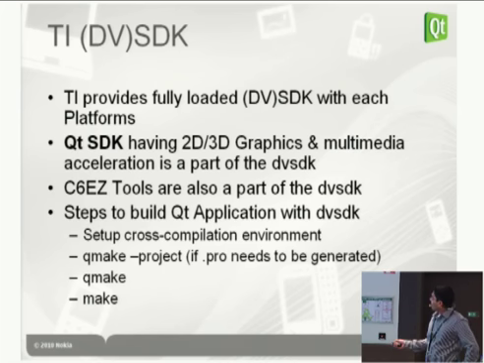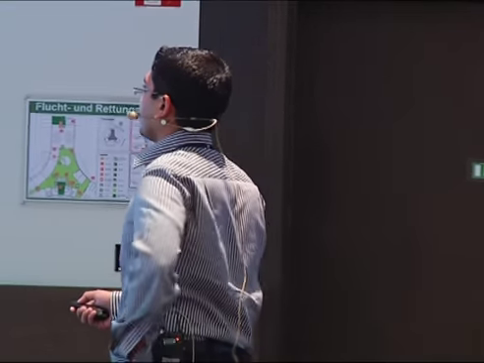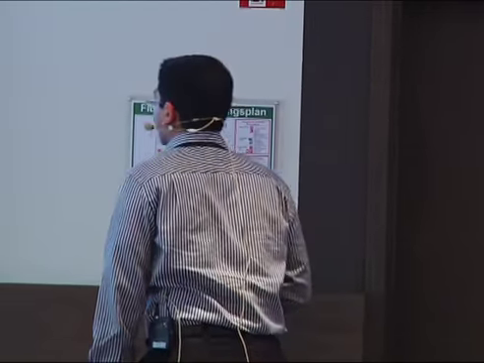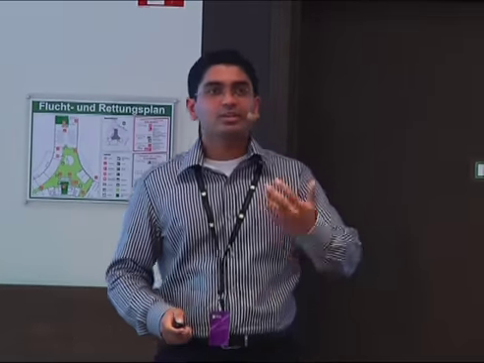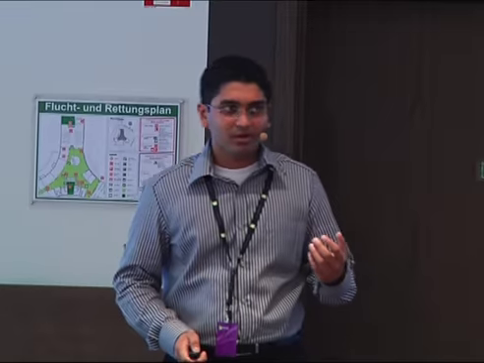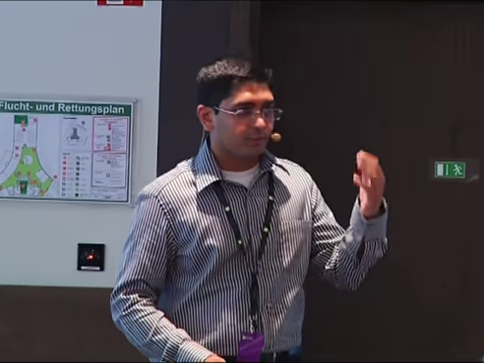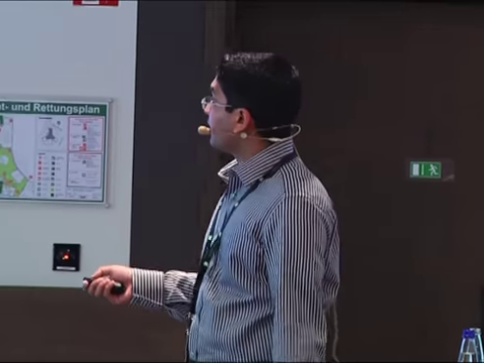However, we went a step ahead and included the Qt SDK with all the 2D, 3D graphics and multimedia acceleration that I just mentioned in the TI's DV SDK that is shipped along with our platforms, and that user can download it for free to use it on our platforms.